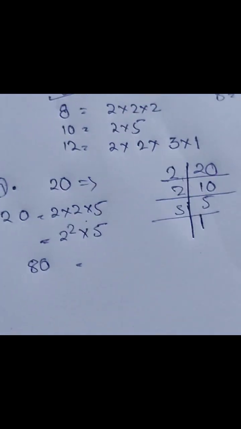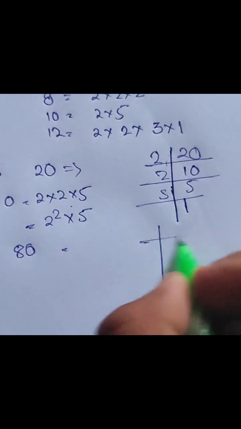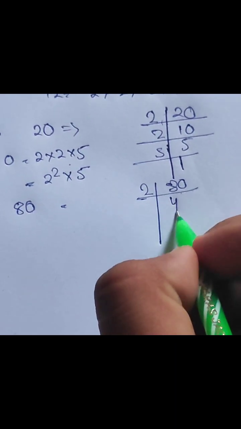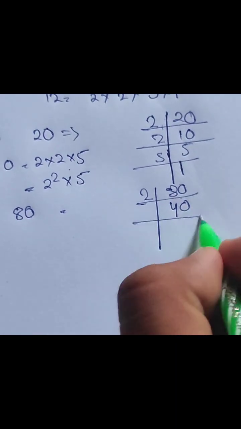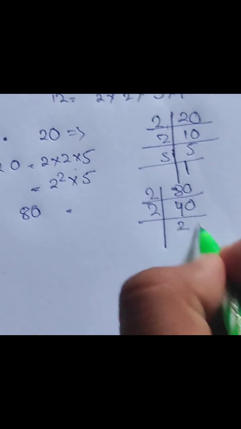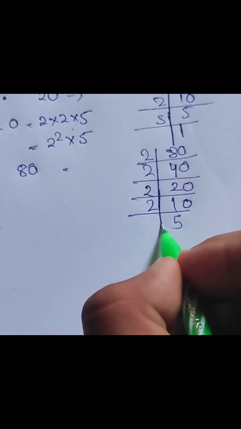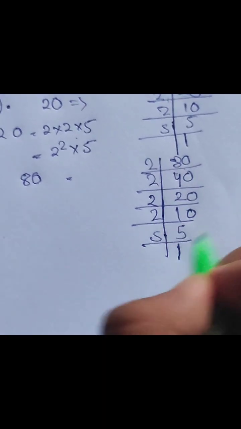Same, we write this 80 in that way. For the lowest, 2 fours are 80, again 2 twos are 4, 2 zeros are 0. Similarly, 2 fives are 10, and 5 ones are 5.